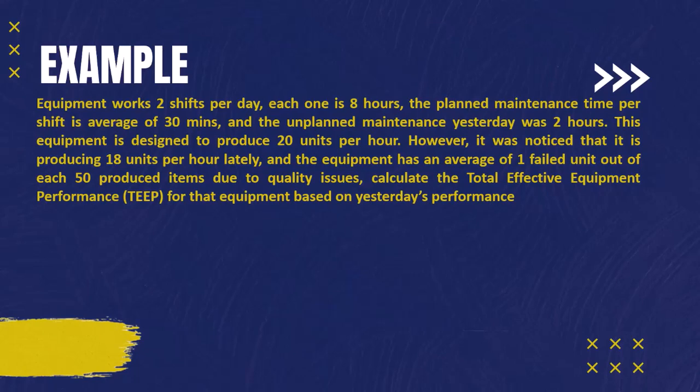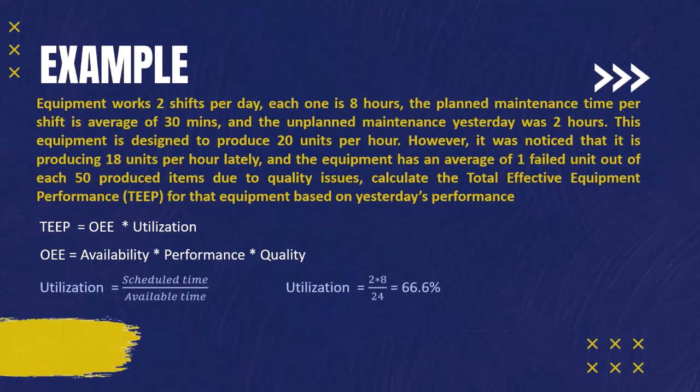Okay, so we know that TEEP equals OEE multiplied by utilization, and we know that OEE equals availability multiplied by performance multiplied by quality. So the first step is to calculate the utilization, and the utilization for this equipment is 2 shifts for 8 hours each, which means 16 hours over 24 hours a day, which means that the utilization yesterday was 66.6%.